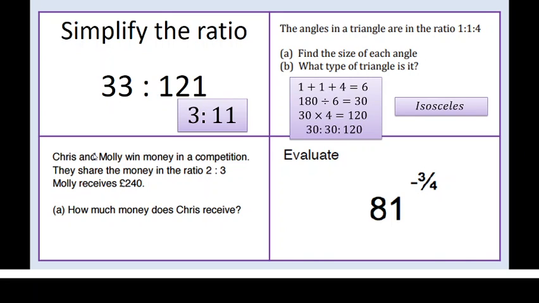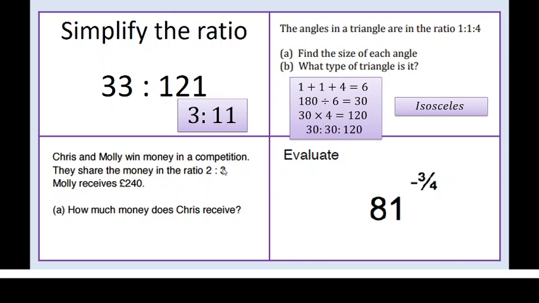Okay, the next one, same kind of thing, we're still sharing a ratio, but this time we're given one of the amounts. Just check which way round the ratio is. It says Chris and Molly win money in a competition. They shared the money in the ratio 2 to 3. That means Chris gets 2 parts and Molly gets 3 parts of the money.